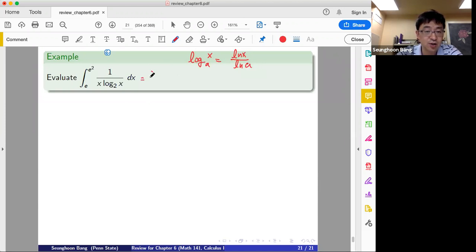You can change the integral. Was it like log x with the base 2?